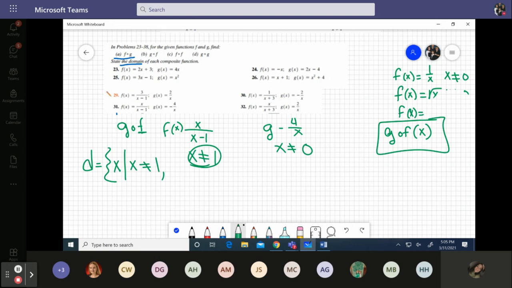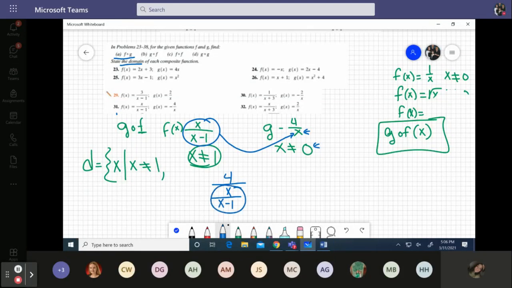All right, now, again, to do the composite, this function has to be put inside. So this whole function cannot equal 0. I need 4 over x minus 1, right?